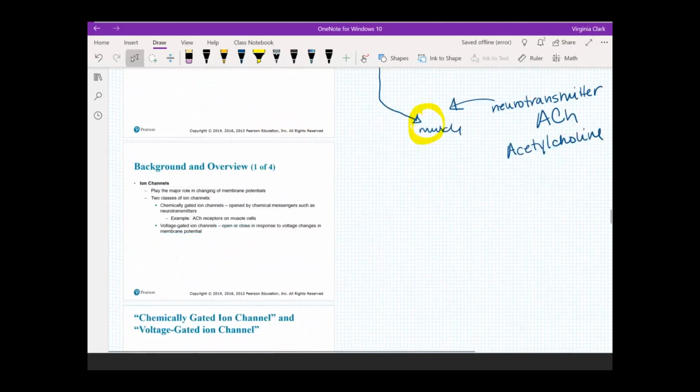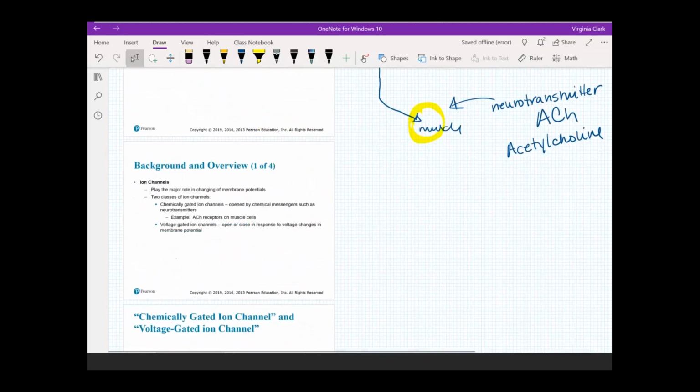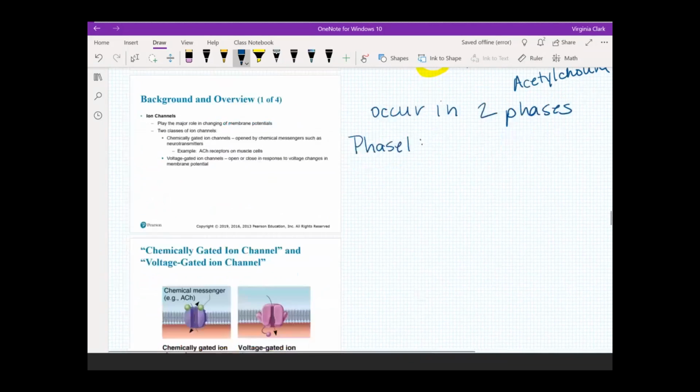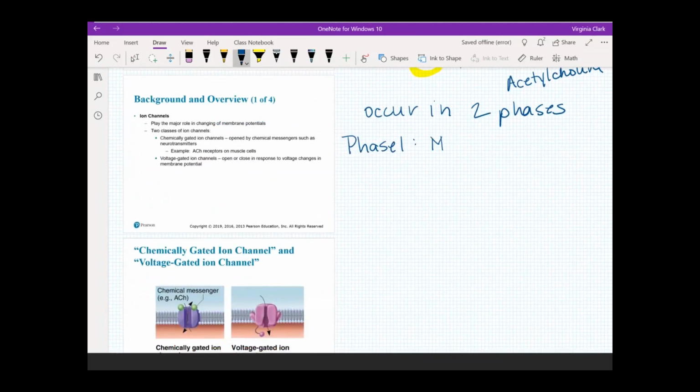So a muscle fiber contraction is actually going to occur in 2 phases. The first phase will be phase 1, and it's actually going to be the motor neuron. And the motor neuron is going to stimulate the muscle fiber.